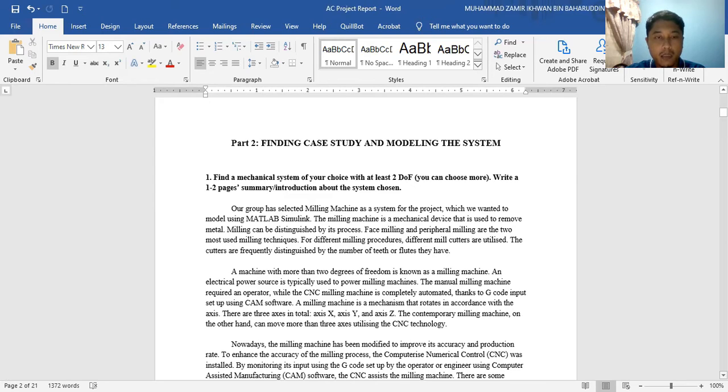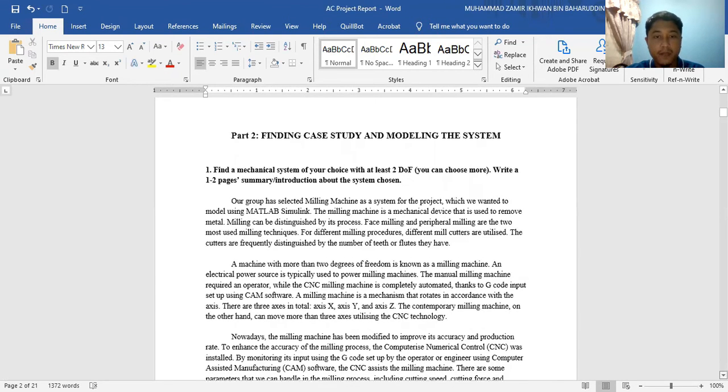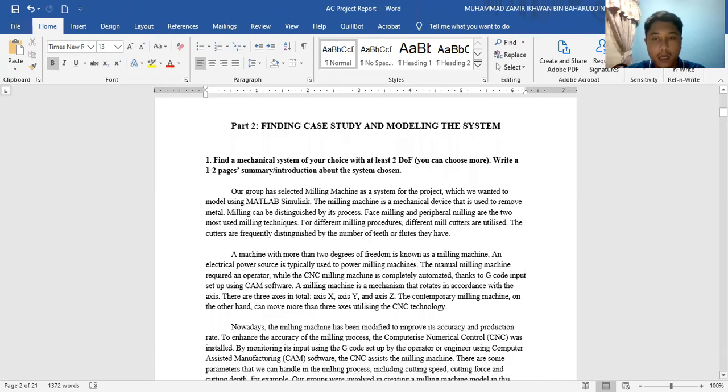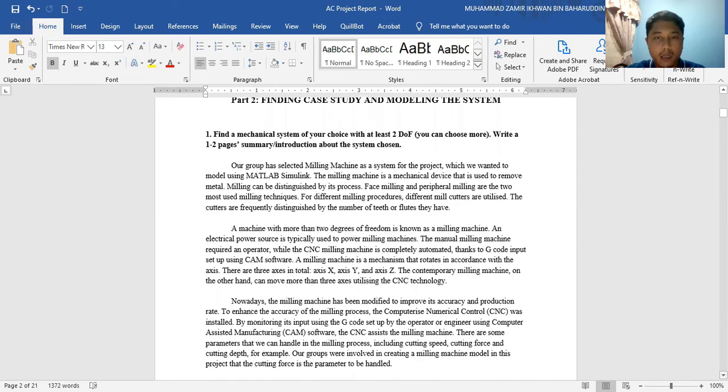Milling can be distinguished by its process: face milling and peripheral milling are the two most used milling techniques. For different milling procedures, different mill cutters are utilized. The cutters are frequently distinguished by the number of teeth or flutes they have.